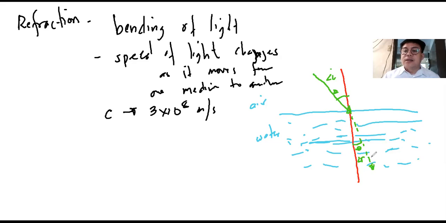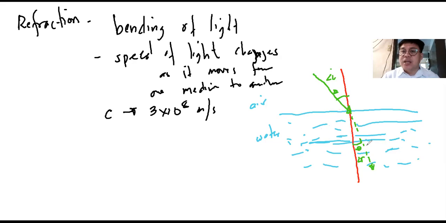You will see that the angle decreases as it bends or enters the water. It's because water's optical density is greater than air. So what happened to the speed? The speed of light, once it enters the water, decreases.